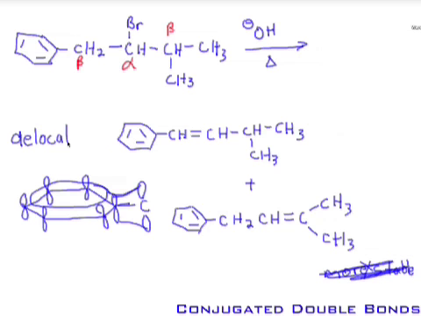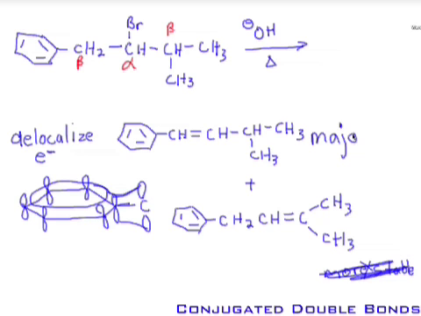If you delocalize electrons, you stabilize them. So conjugated double bonds are more stable because of electron delocalization, in many cases more stable than even more substituted double bonds. And so in actual fact, this is Zaitsev, but it is major.